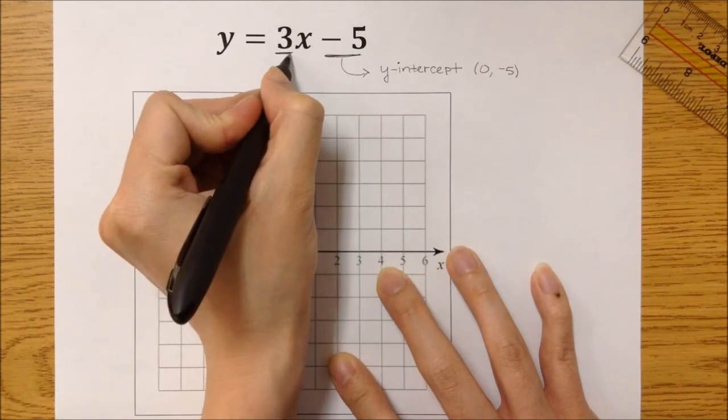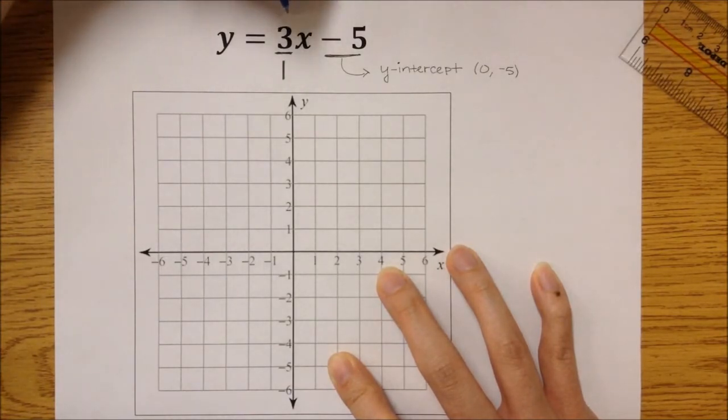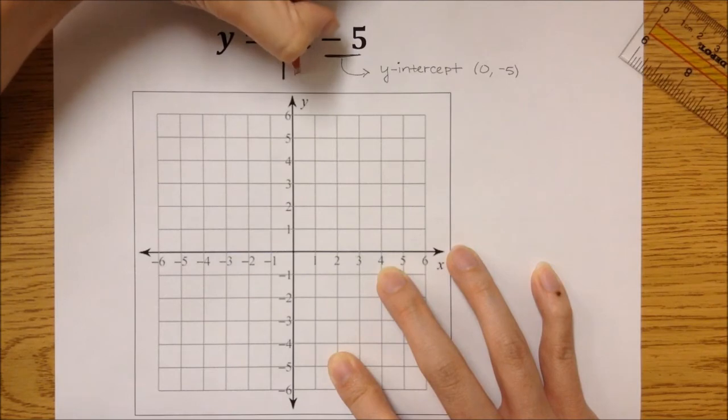So instead of just 3, now it's 3 over 1. Just like before, the numerator is the rise, so 3 is the rise, and the denominator is the run, so 1 is the run.